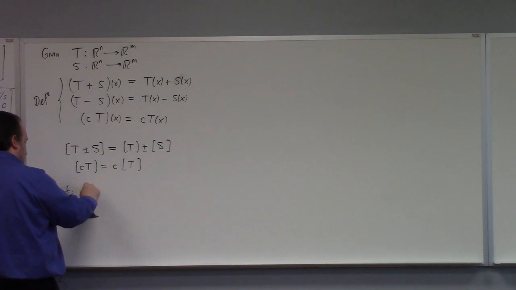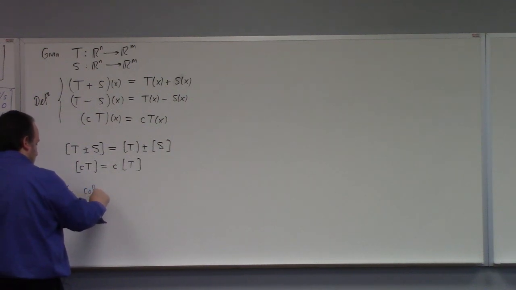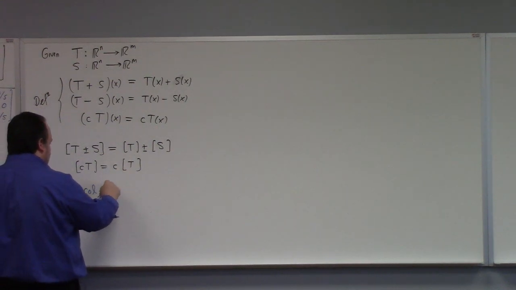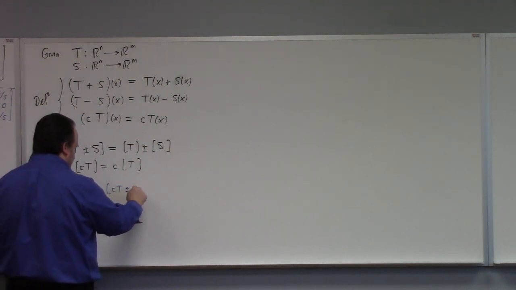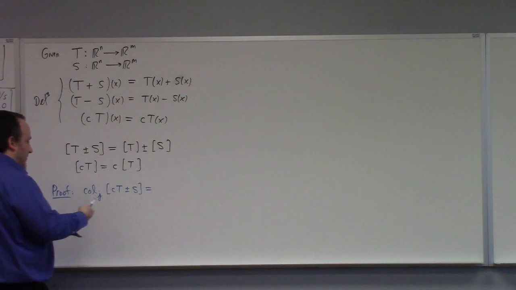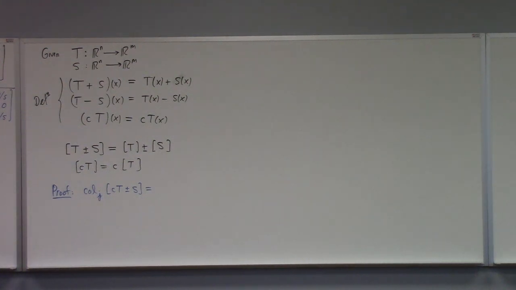What is column j of the standard matrix of, let's say, cT plus or minus S? How do we calculate the standard matrix? Do you guys remember? How do we find the column? We simply operate on e_j, right?